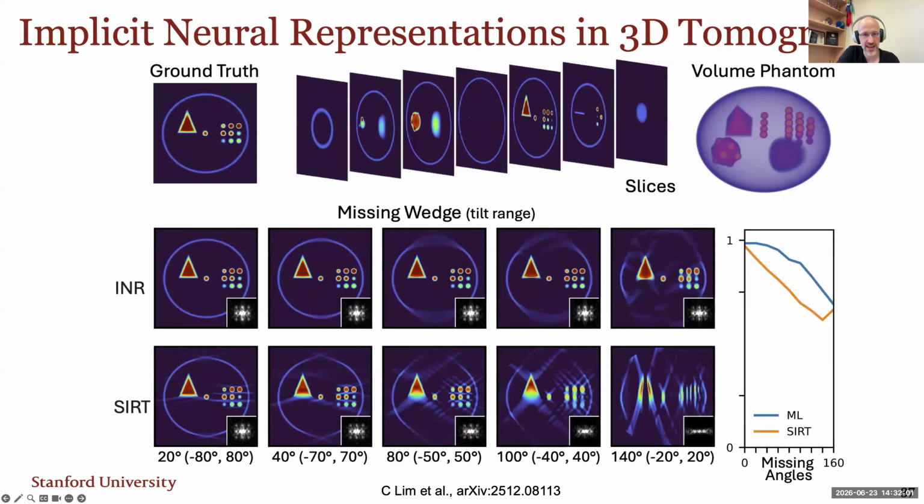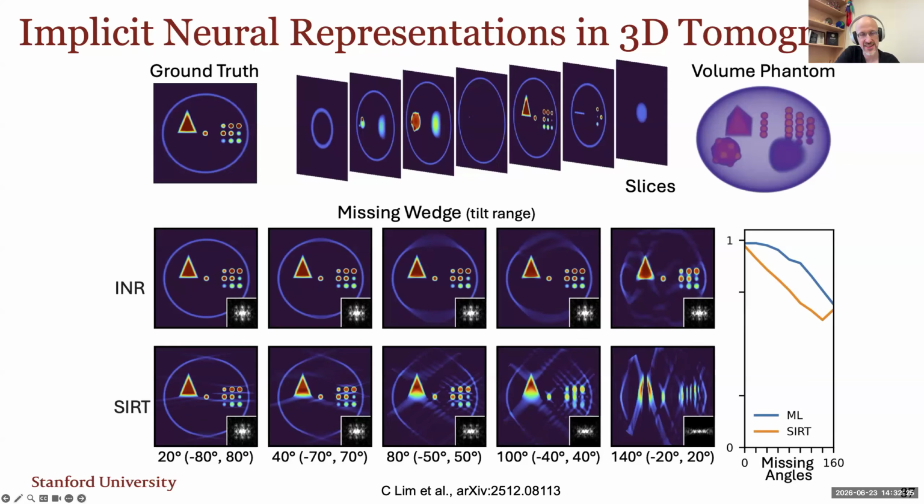But as you move left to right and you drop out more and more angles, ending up with a tilt range of only -20 to +20 degrees, the classic algorithm smears out the objects and gives you essentially nonsense. But the INR, even with a tilt range of only -20 to 20 degrees, is still able to accurately reconstruct the objects inside. Now, it's not perfect.